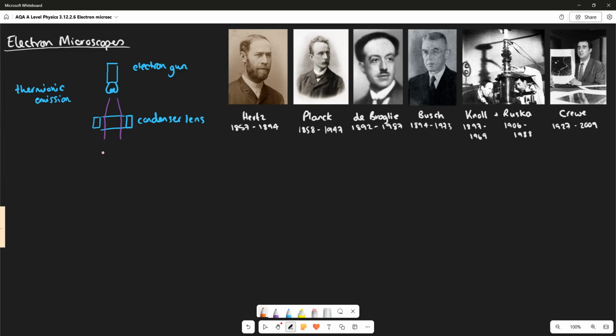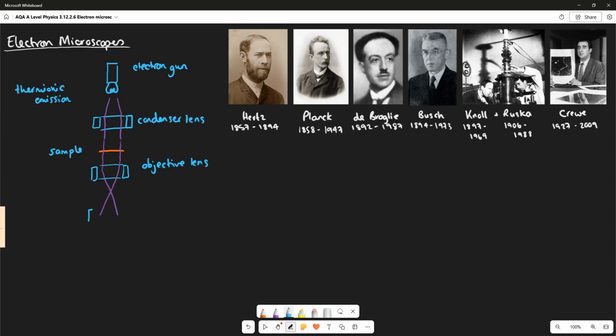The sample that they wished to analyse was placed in the path of the electrons, and it had to be very thin to allow the electrons to pass through. They then travelled through the objective lens after passing through the sample. The objective lens altered the path of the electrons to bring them to a focus.